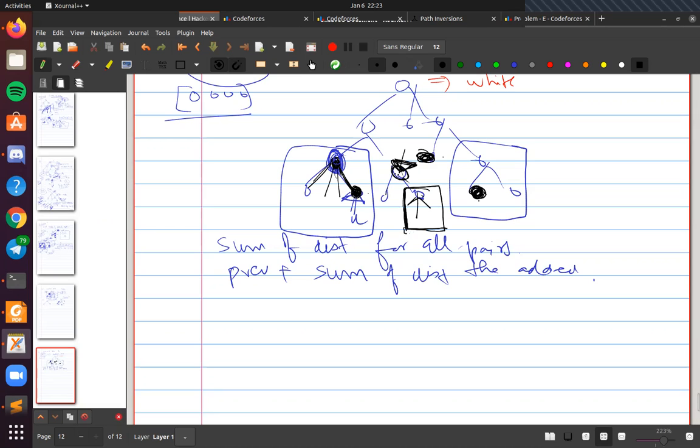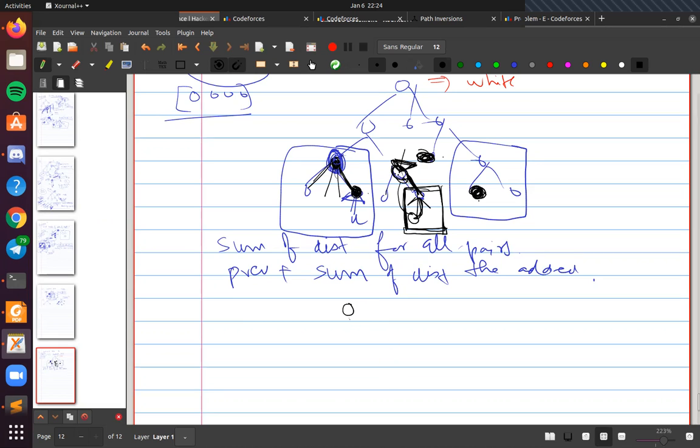To subtract, you should store more information, right? Because the distance from this node to this node will not be this node to this node plus this node to this node. We need to subtract the subtree count also.